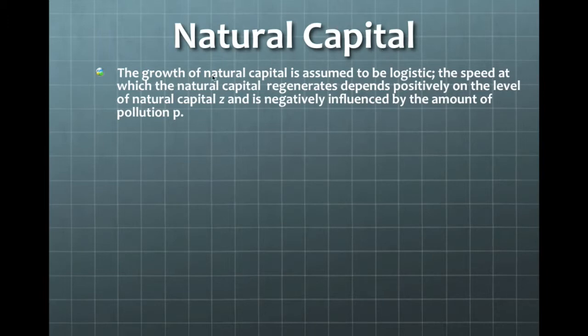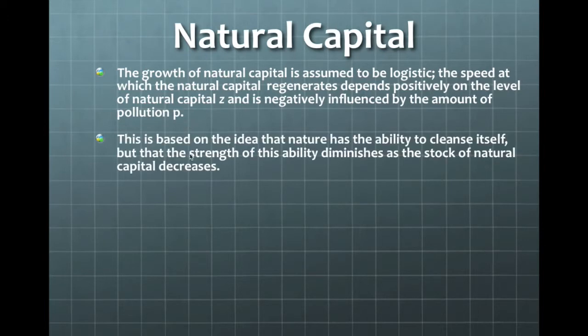First, the growth of natural capital is logistic, and the speed at which the natural capital regenerates depends positively on the level of natural capital and is negatively influenced by the amount of pollution. This is based on the idea that nature has the ability to cleanse itself, but the strength of this ability diminishes as the stock of natural capital decreases.